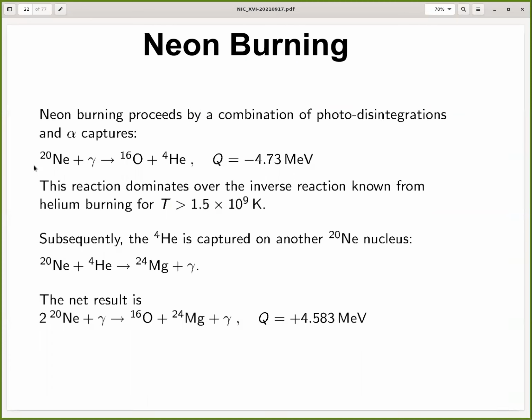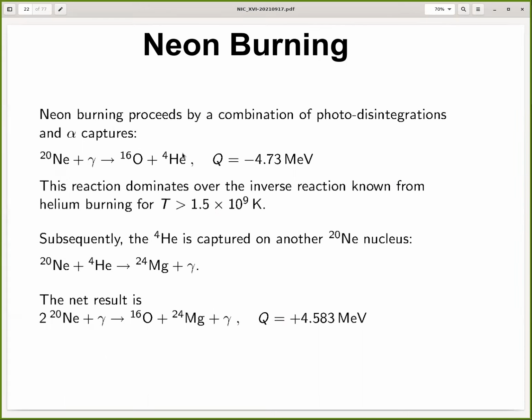So the first step is that a high energetic photon knocks out an alpha particle from the neon, and you get an oxygen 16 and the alpha particle, and it actually costs a lot of energy, minus 4.73 MeV. It dominates over the inverse reaction for a temperature above about 1.5 billion Kelvin.